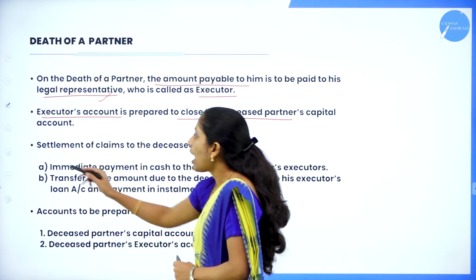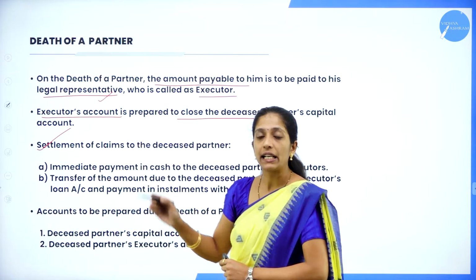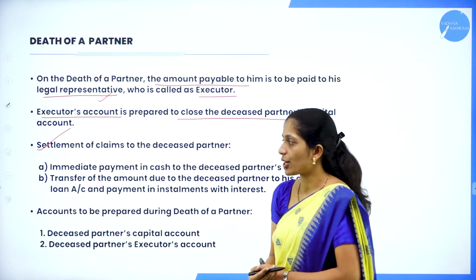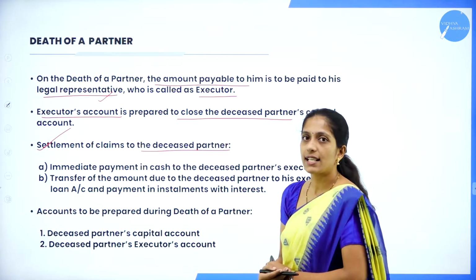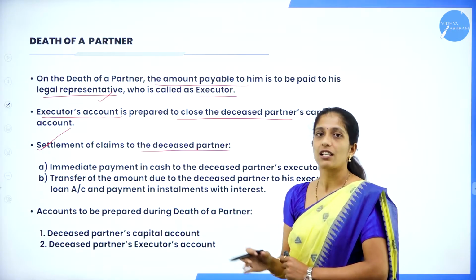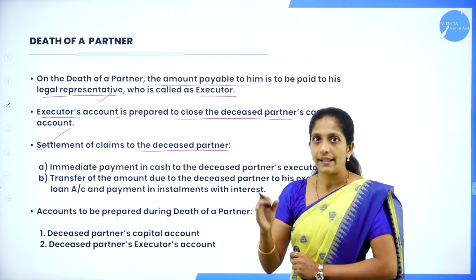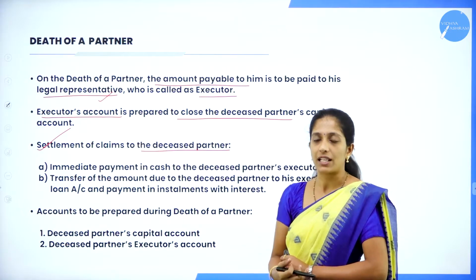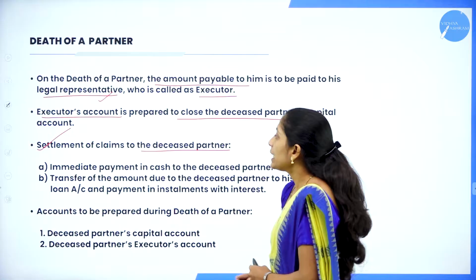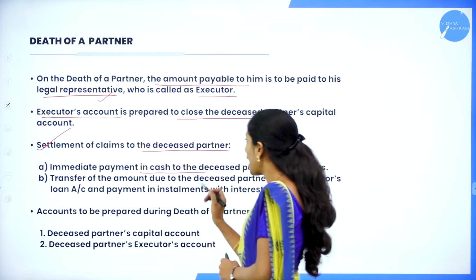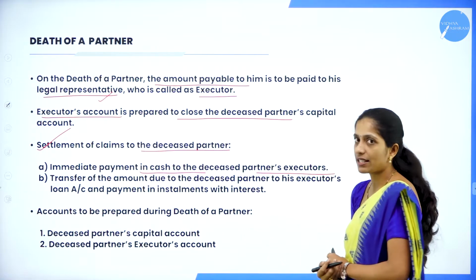Now let us see how the settlement will be made if a partner dies in the partnership firm: settlement of claims to the deceased partner. Whatever amount has to be paid to the deceased partner, let us see how they are going to make the settlement. First, immediate payment in cash to the deceased partner's executors.